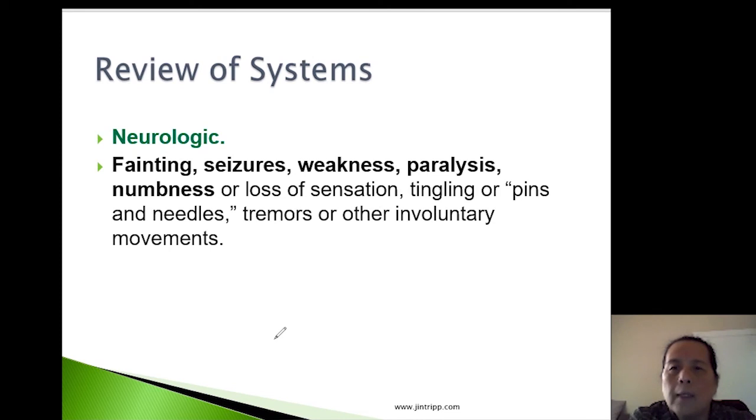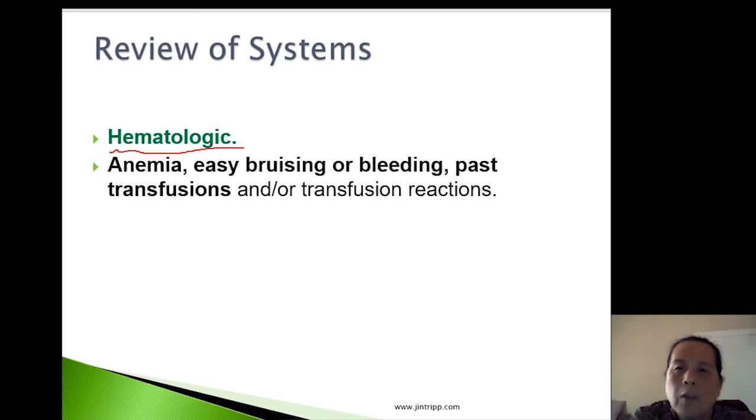When we talk about the nervous system, it's basically something relating to the nerves. We have the central nervous system and the peripheral nervous system, and the functions will be different.